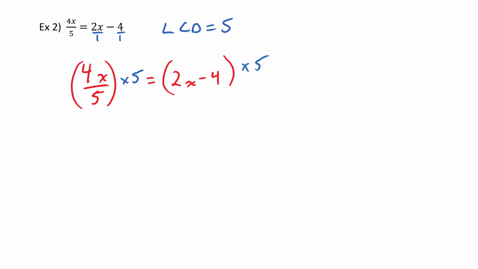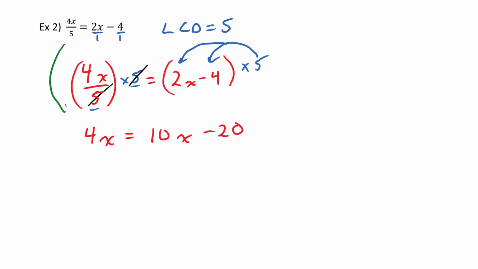You can see here we have 5 on the bottom and 5 on the top, so these just cancel each other out. 5 divided by 5 is 1. This gives me 4x is equal to, over here now, distribute the 5 to both terms. 10x minus 20. Notice, I didn't change anything. These two equations are exactly the same. One is much easier to work with.